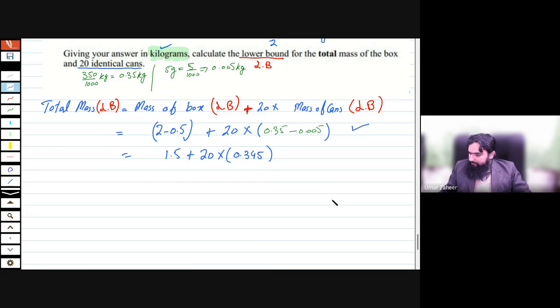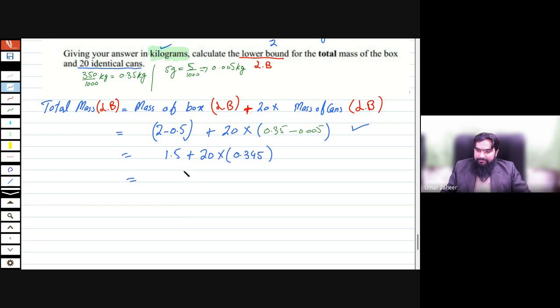So simplify them. 20 multiplied by 0.345 plus 1.5.